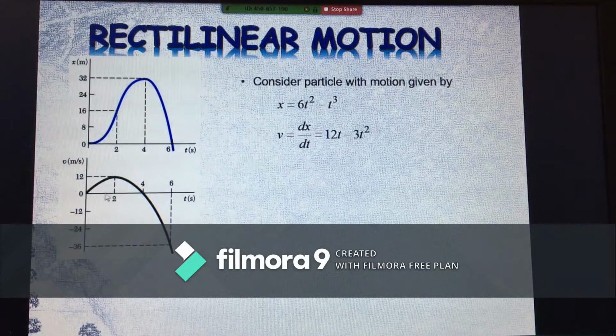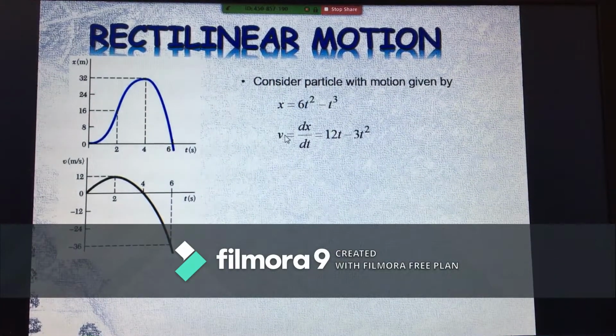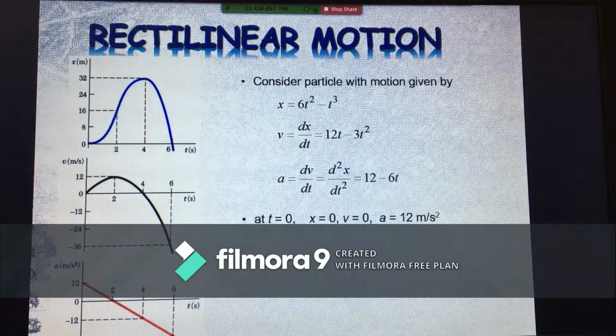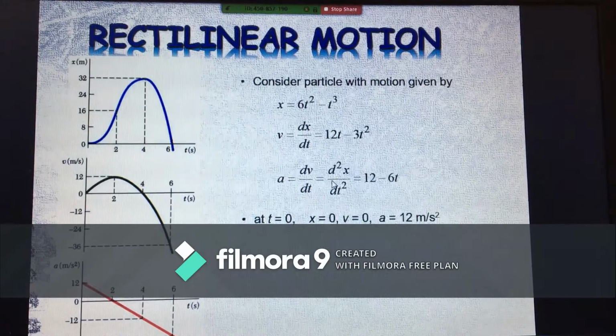So, ito yung itsura niya, no, as discussed a while ago. Now, when you take the derivative of this velocity, as discussed a while ago, so ito yung mangyari. We have acceleration equal to 12 minus 6t. 12 minus 6 times t. And this is the corresponding graph. Okay? So, ito yung how to graph this one.